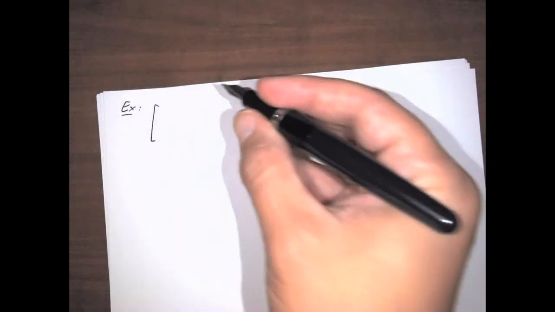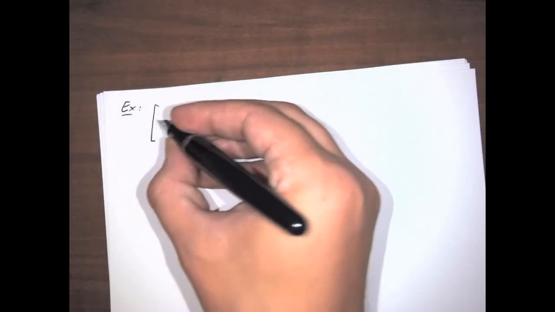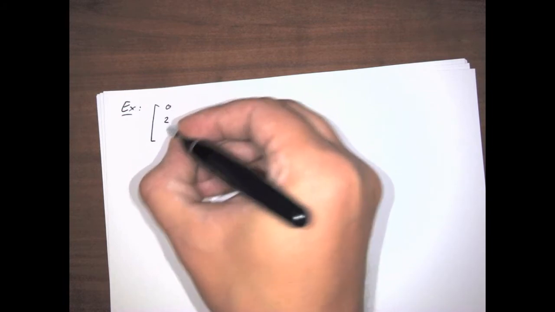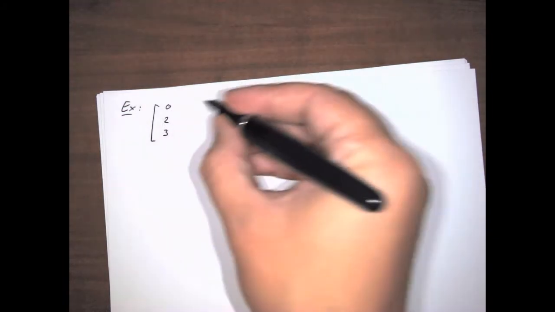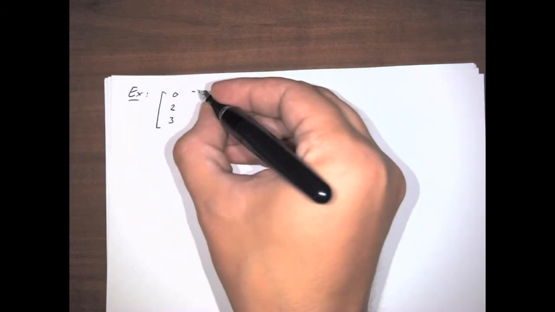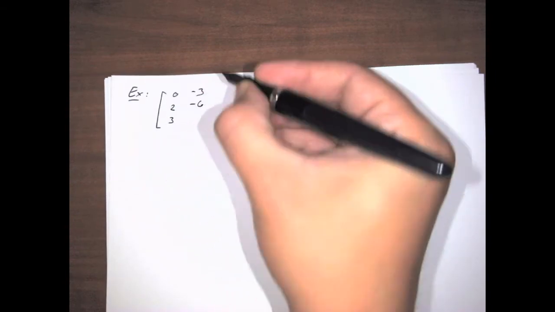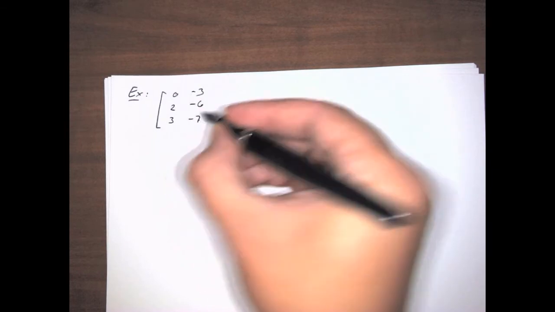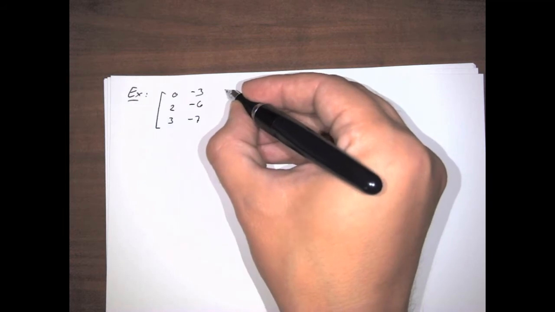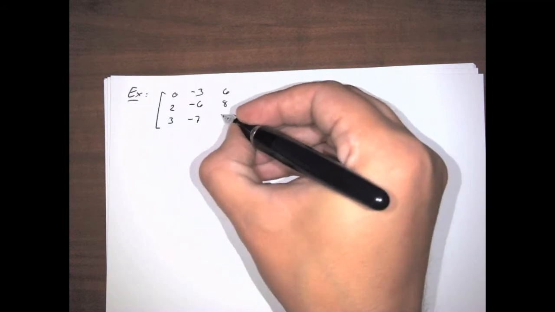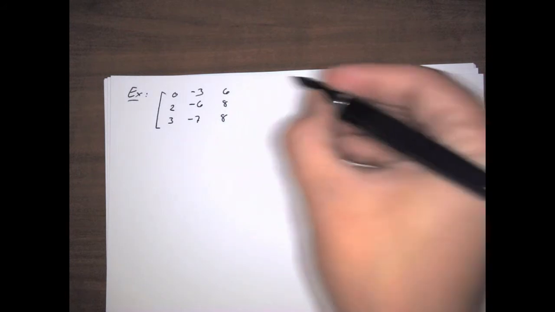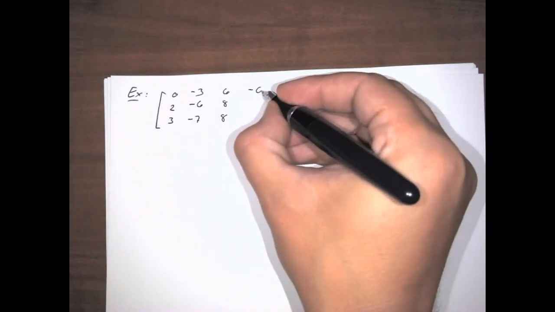The first column is going to be 0, 2, 3. The next column is going to be -3, -6, -7. The next one is going to be 6, 8, 8. The next one is going to be -6, -6, -5.